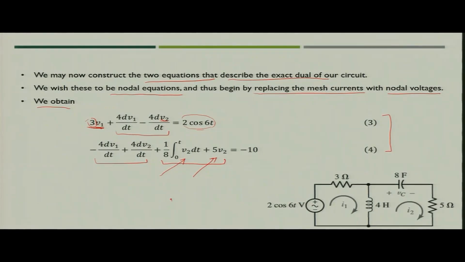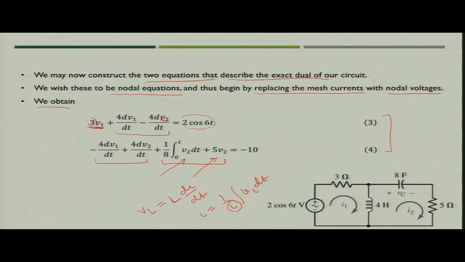Because the voltage across an inductor is L di by dt, so I would be nothing but 1 upon L integral of VL dt. Since this is the voltage term, if you compare both of them, the value of inductance would be 8 and VL is nothing but the voltage at node 2.